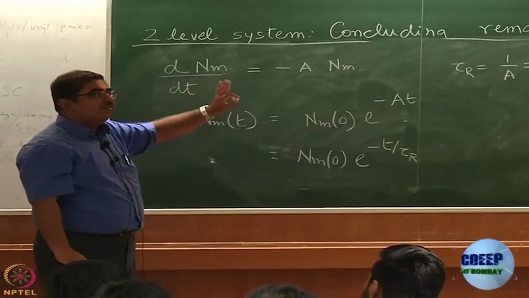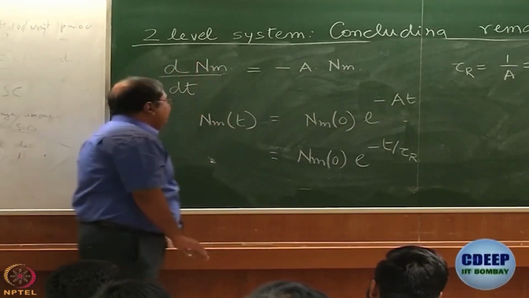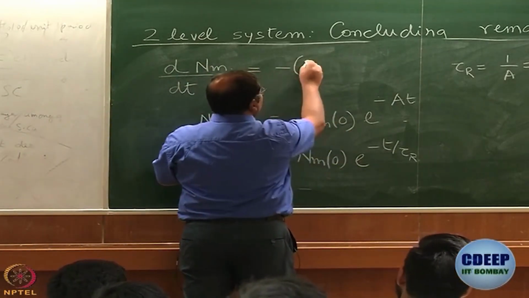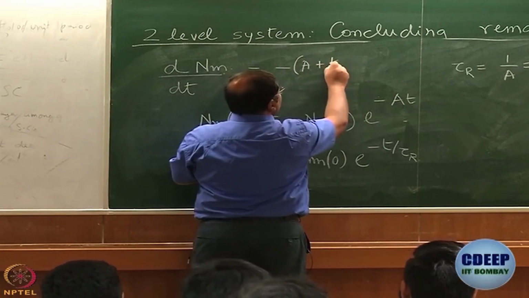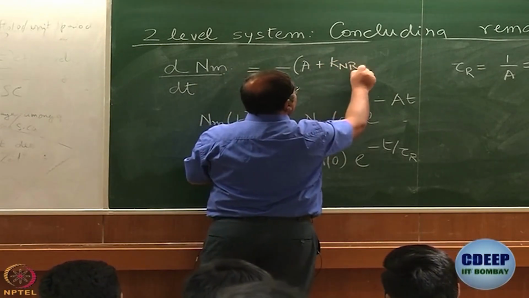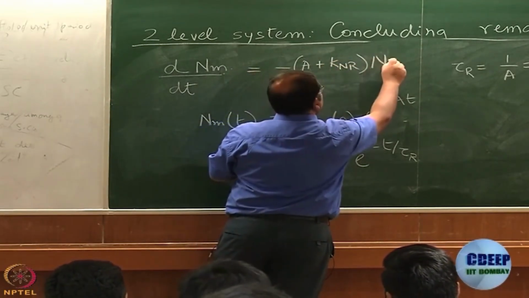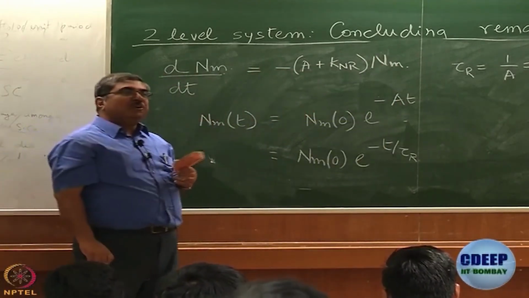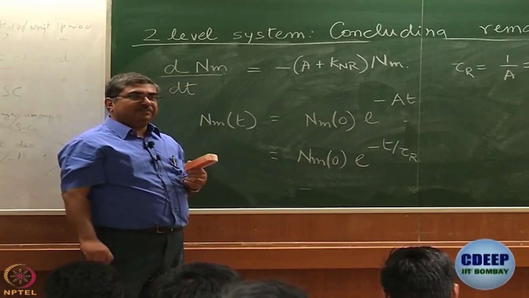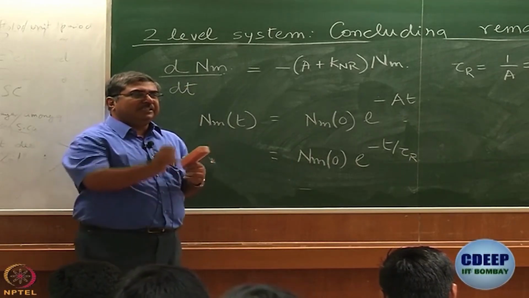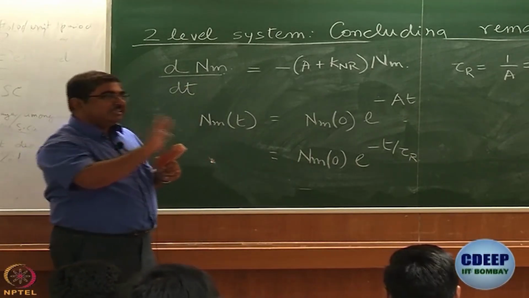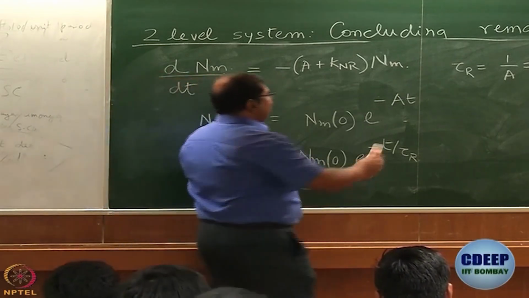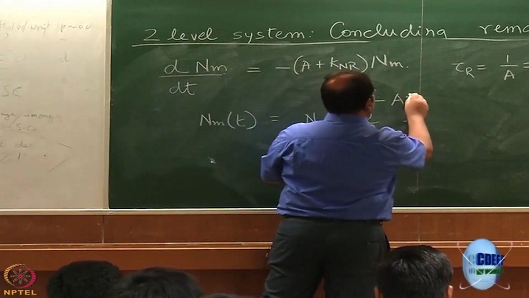We have defined radiative lifetime, fine. But if we really want the whole picture, then I should write not just A, but some other term. I choose to write A plus k_NR. N for non, R for radiative. k_NR is the non-radiative rate constant. We'll just need 2-3 more minutes. Please bear with me. So if I do this, this expression just gets modified in this way.